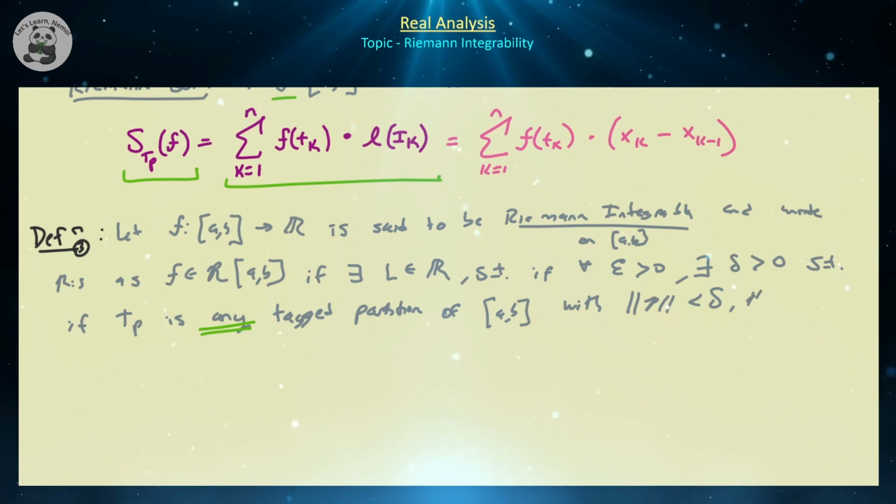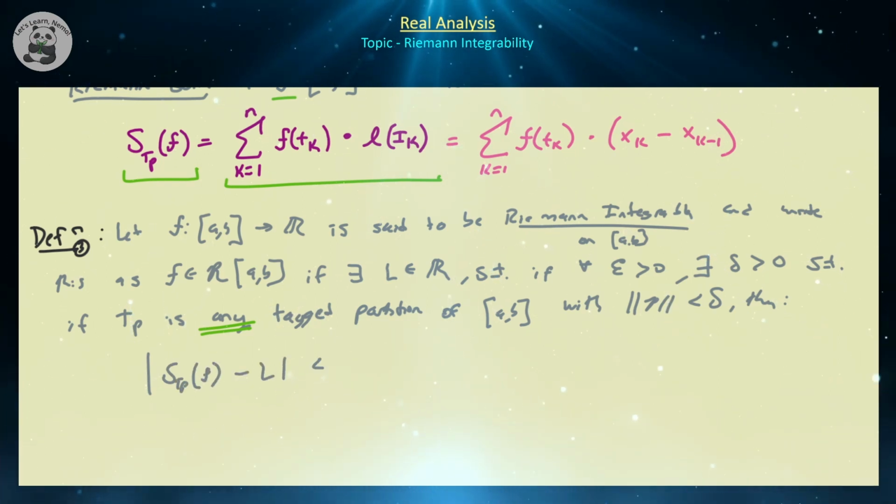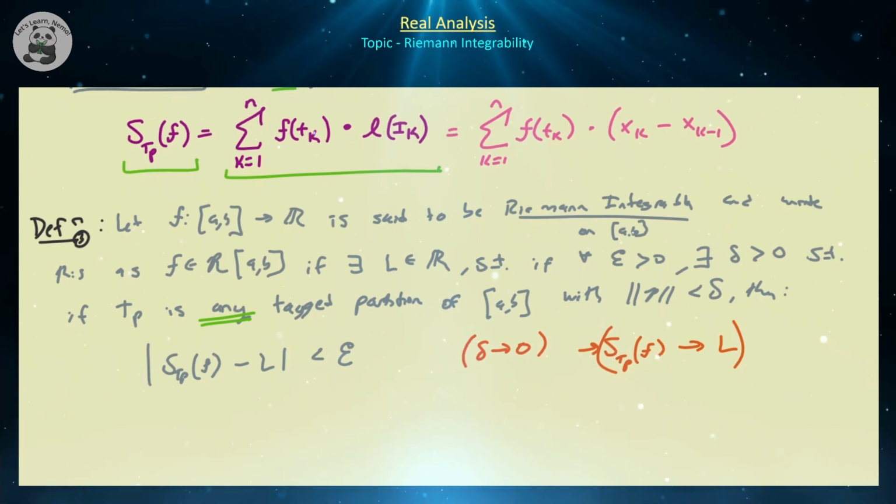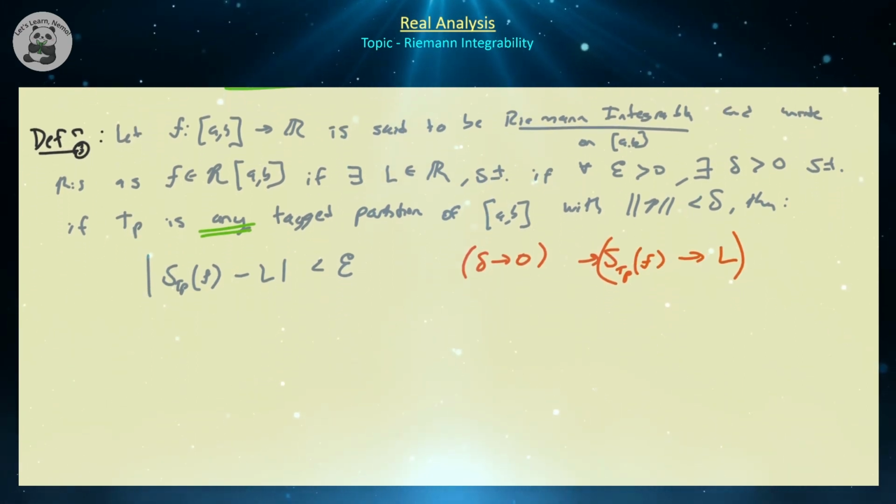Then, if this is true, the absolute value of the Riemann sum of f minus that number L is less than epsilon, right? So you can view this as, as delta gets closer and closer to 0, the Riemann sum gets closer and closer to L, right? So it's practically a limit in disguise.